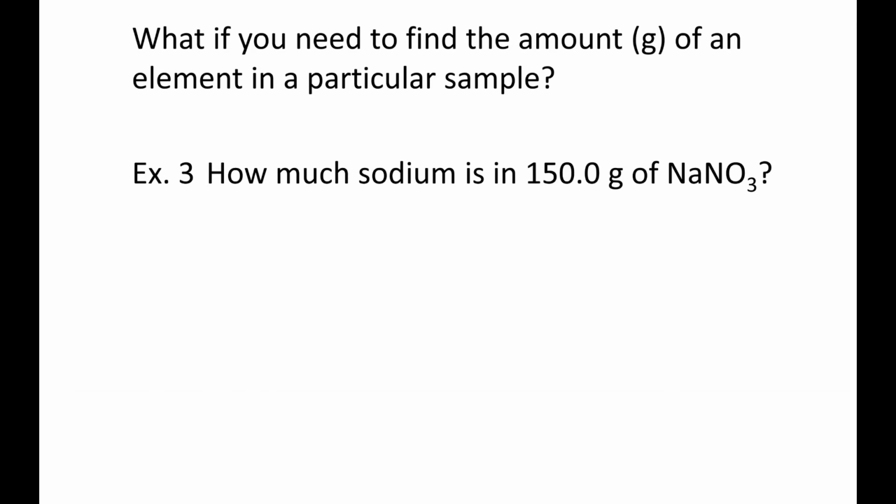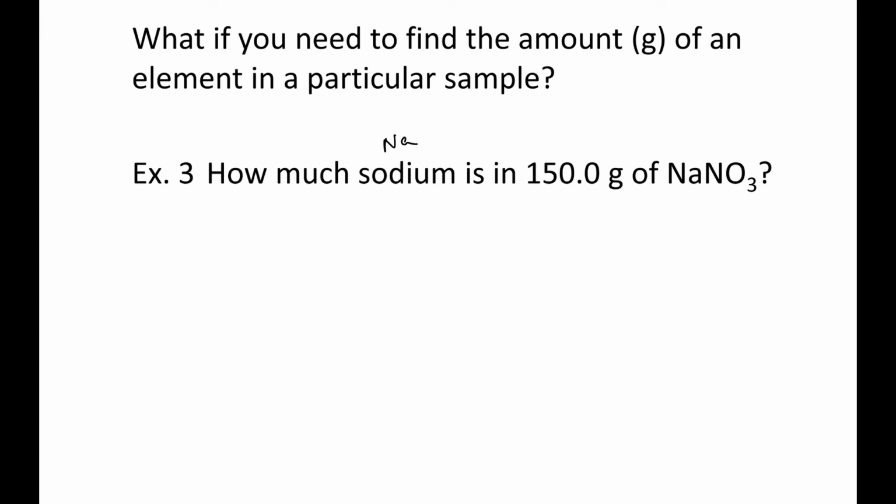Okay, what if you need to find the amount in grams of an element in a particular sample? We can use the way we've been doing things with percent composition, only we don't have to find the percent of each element. We just have to find the mass of one of the elements. So how much sodium, which is Na, by the way, hope you guys remember that, is in 150.0 grams of sodium nitrate?